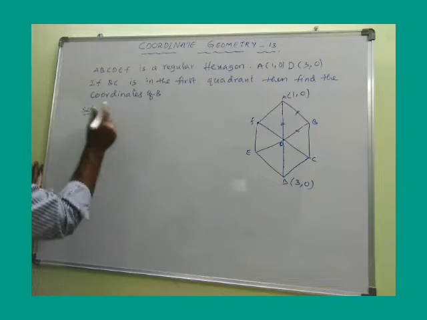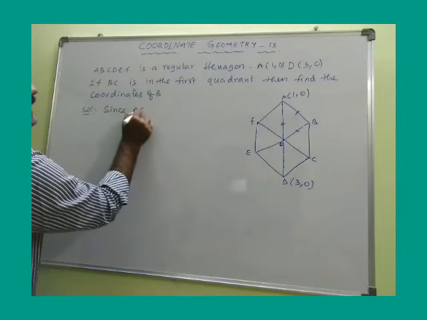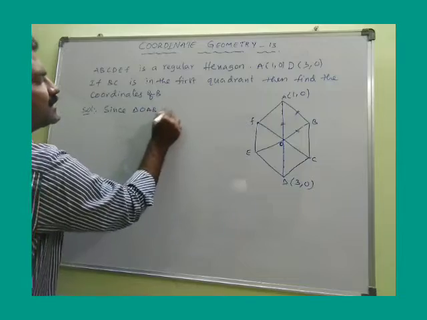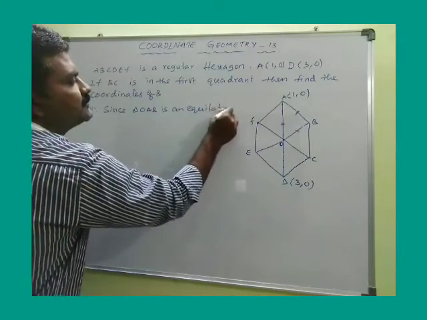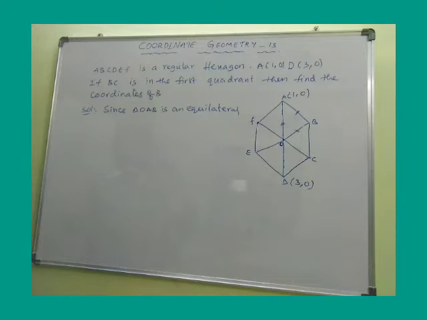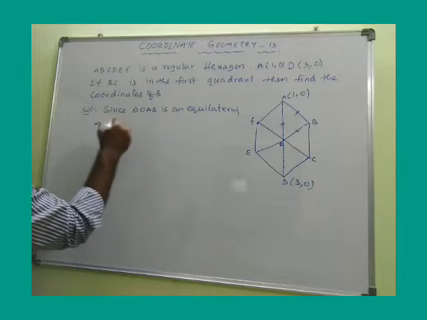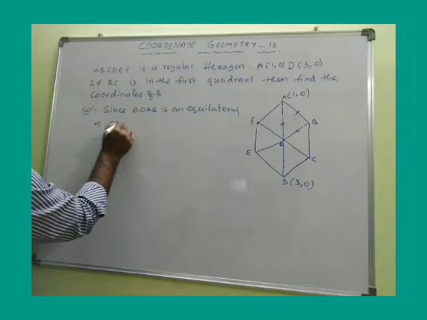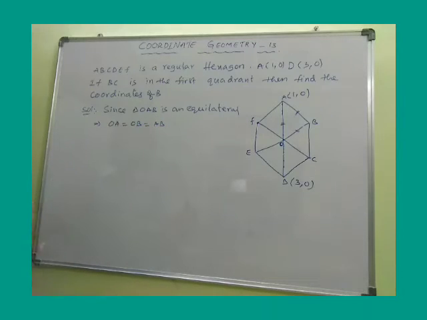So that is the concept we are using here. So since triangle OAB is equilateral, all the three sides are equal. OA is equal to OB is equal to AB.